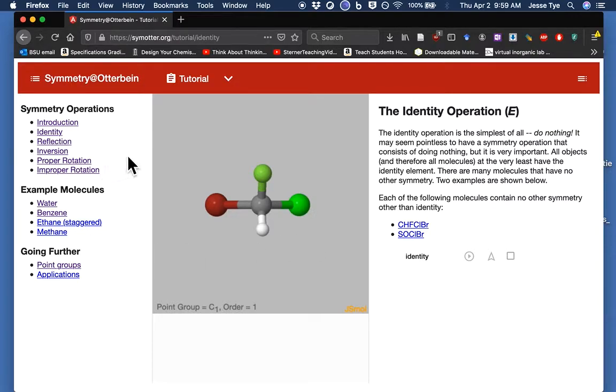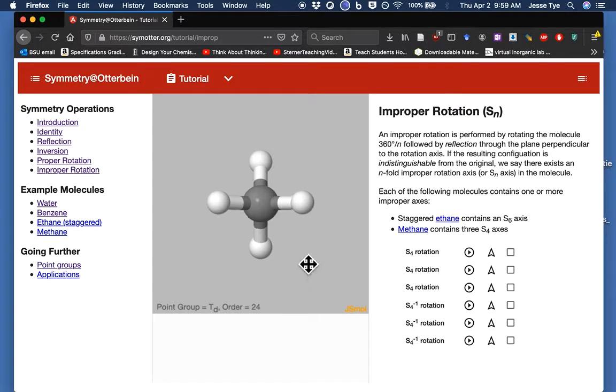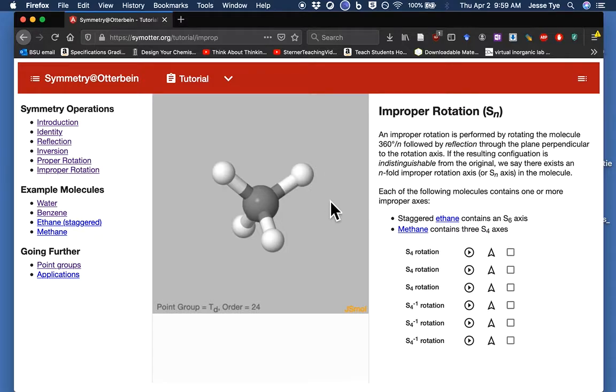The most difficult one for people to get is probably this improper rotation. The improper rotation is rotating the molecule, doing a Cn rotation followed by reflection. And for me, I like this methane here as probably the easiest one to see. This methane molecule doesn't have any C4 axis in it.